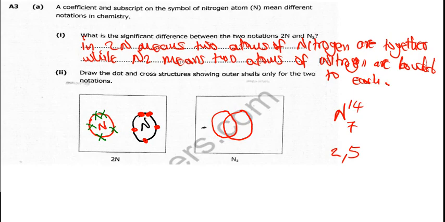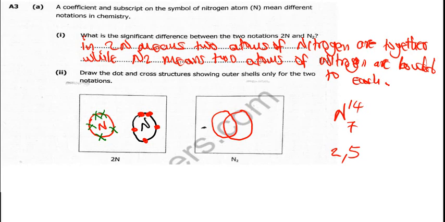Since each of them had 5 electrons in the outermost shell, and they are bonding, we know that when atoms bond, they want to achieve stability by having 8 electrons in their outermost shell. Each one of them needs 3 to be stable, so in their sharing, each one will donate 3.